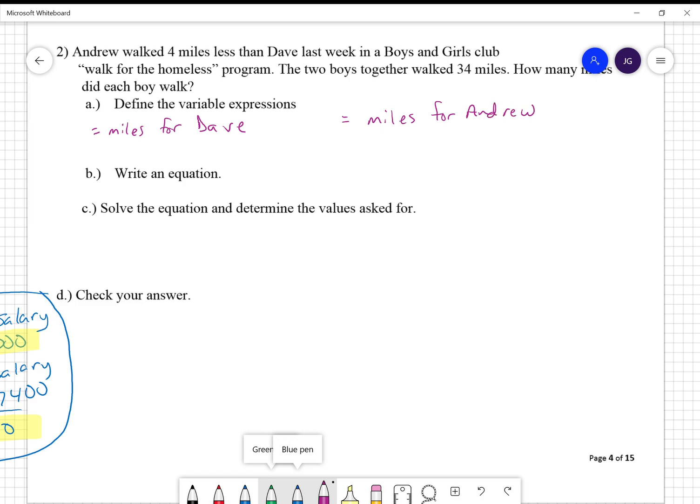Okay, one of them is just plain M. In the first sentence, it says Andrew walked 4 miles less than Dave. Andrew is being compared to Dave, so Dave is my variable. And I'm going to use M for miles. If Andrew walked 4 miles less than Dave, Andrew would have walked M minus 4.